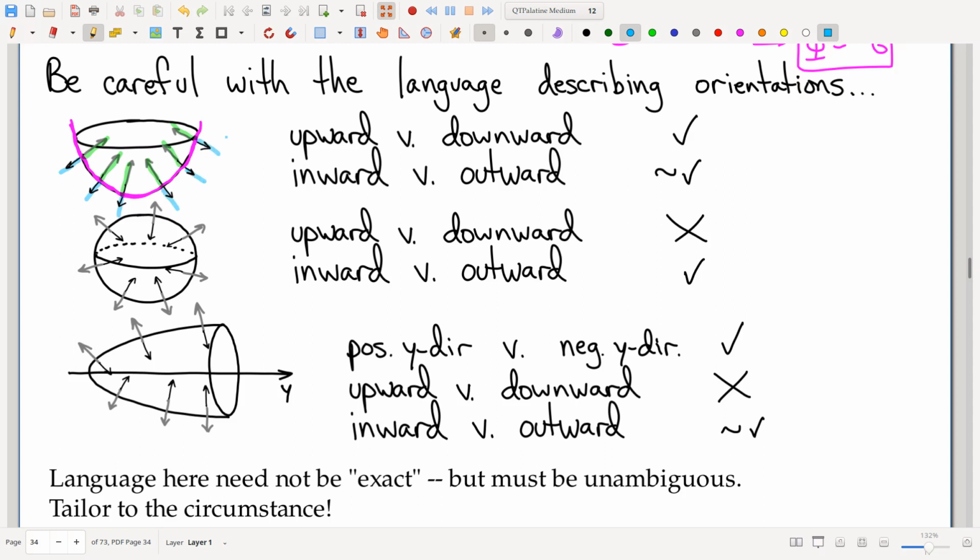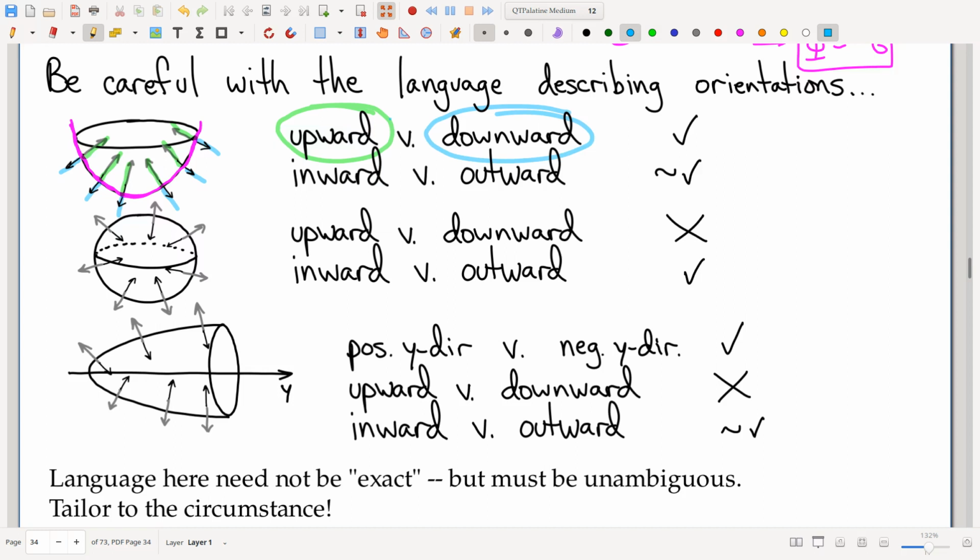Keep in mind, an orientation means which direction through the surface we're going to consider the positive direction. So green is one of the options. Blue is one of the options. How am I going to distinguish these from each other? A pretty good way to do it in this case is to use upward to describe the green one, downward to describe the blue one.